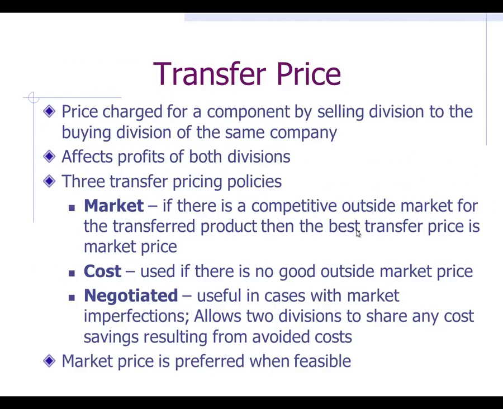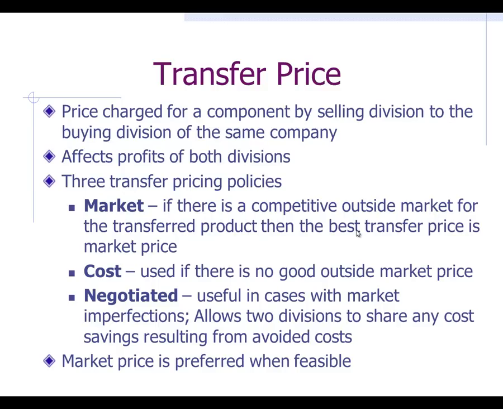Another topic with regards to decentralization is what we call transfer pricing. In many decentralized organizations, the output of one division is used as the input of another. So for example, let's say you have Sony, and Sony manufactures batteries, and maybe the batteries need to be used in a computer that they also produce.